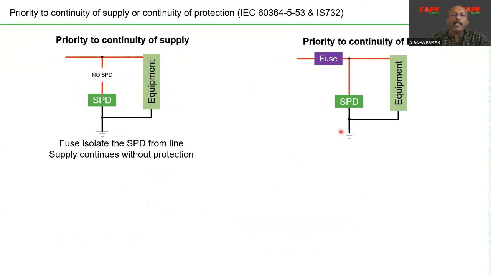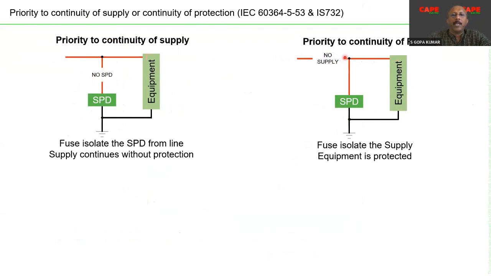In the second case, at the end of life of the SPD, the fuse will blow. And once the fuse blows, there is no power supply to the equipment. Imagine between the line and the earth, you have an SPD which is most often in a short circuited situation.